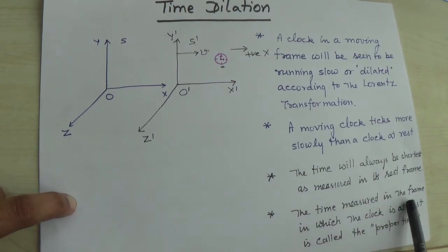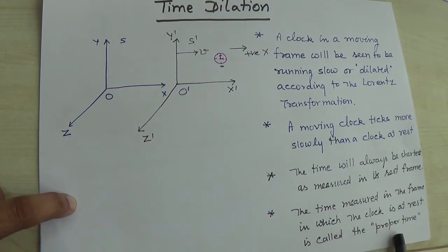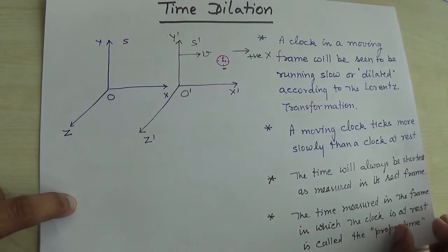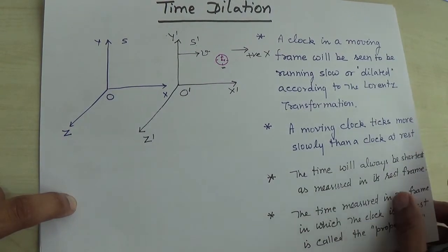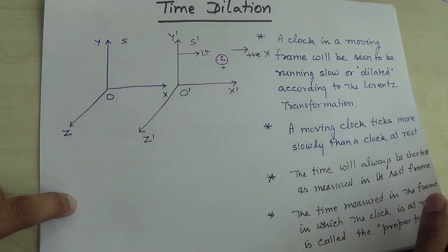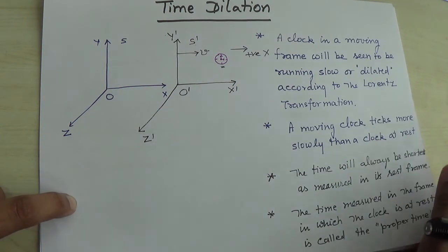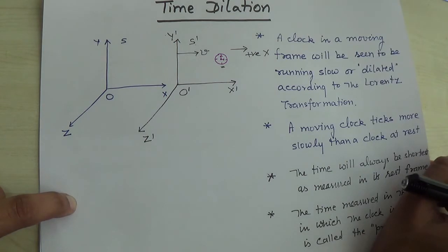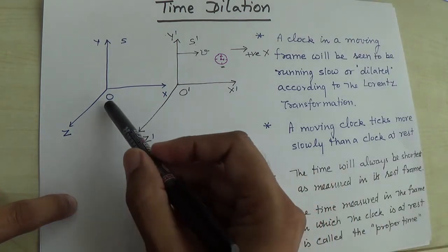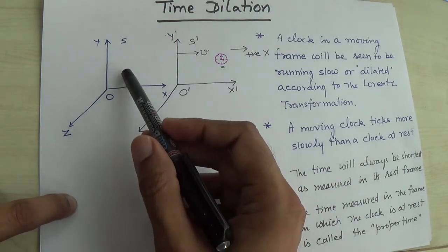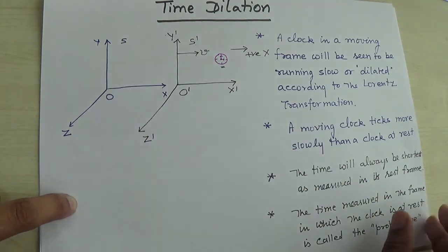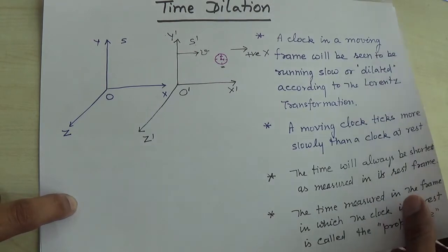The time measured in the frame in which the clock is at rest is called the proper time. Let us see this in detail. The basic thing is that, according to the Lorentz transformation, the time observed by the observer O in the rest frame will be dilated. It will be longer.